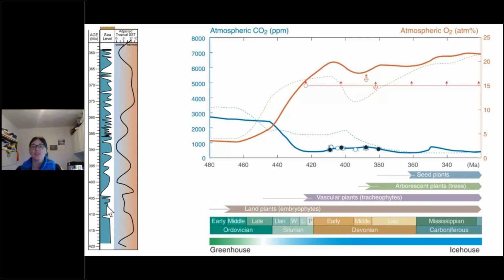And you can see that it is just all over the place, right? The plants were just messing everything up. They take carbon dioxide in, things cool, ice forms, water level drops. Things start to equilibrate again, sea level comes up. Oh, plants do something new, sea level drops again. So we have all of this stress through the Devonian in terms of what the sea levels were doing.